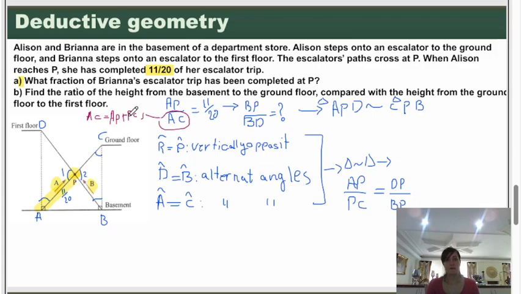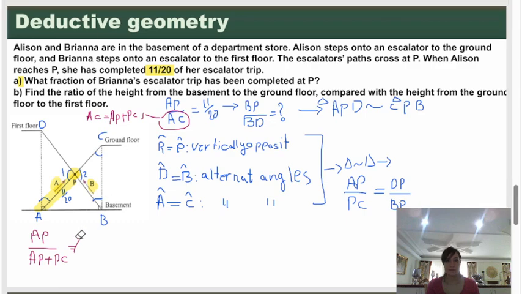Okay, I can substitute this expression instead of AC. So the question gives me AP over AC, which I substitute with AP over AP plus PC, equals 11 over 20.